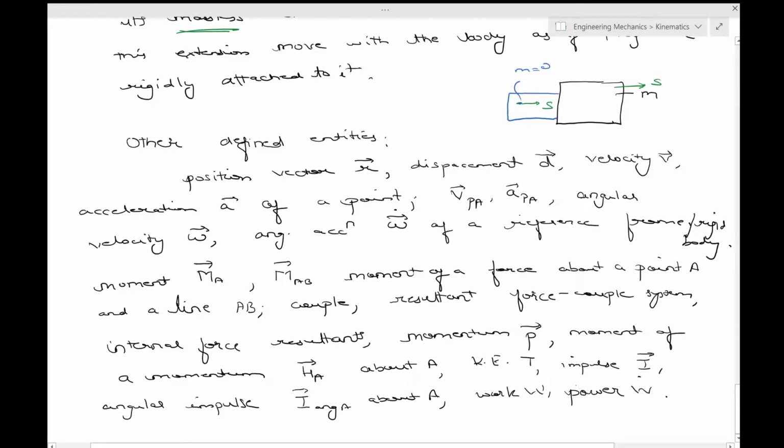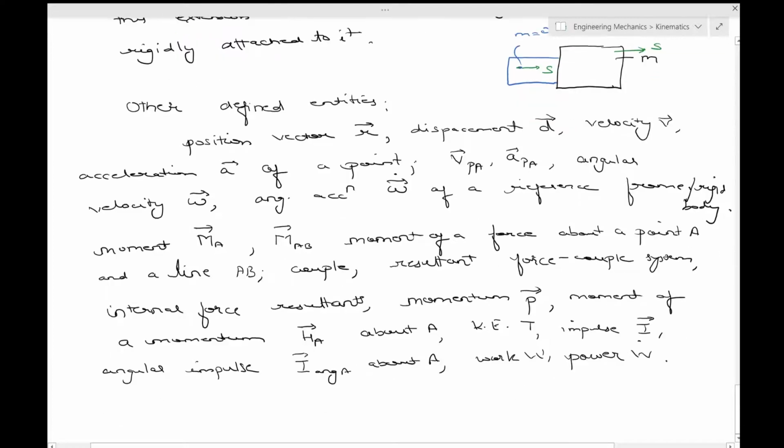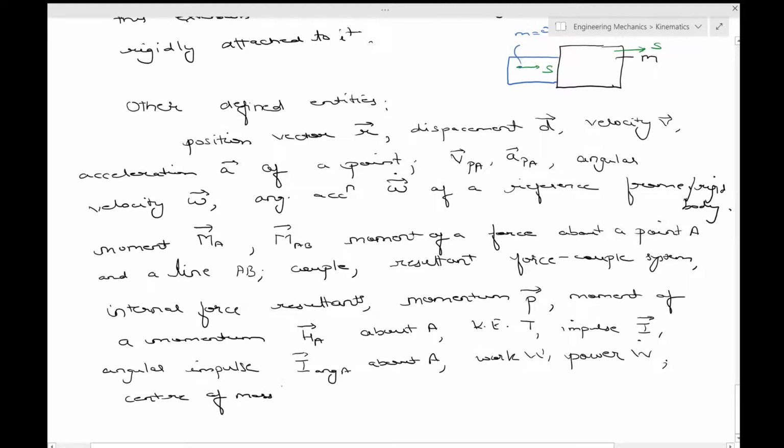Okay, and then the center of mass. I'll just write COM and it will be by the symbol C. You can have the inertia matrix. Variation.